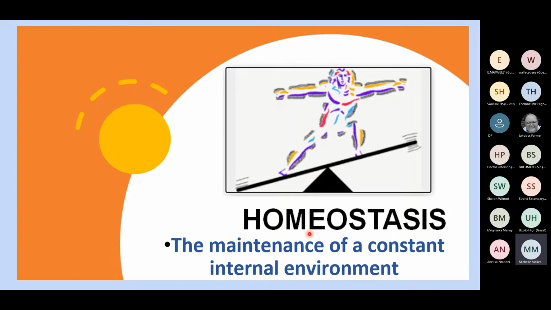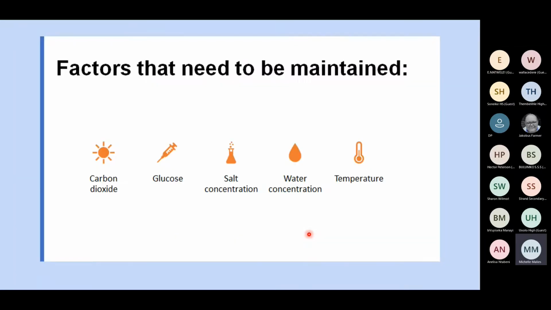Now, remember I said to you, homeostasis is to maintain a constant internal environment. You also need to be able to explain homeostasis between TSH and thyroxine levels.